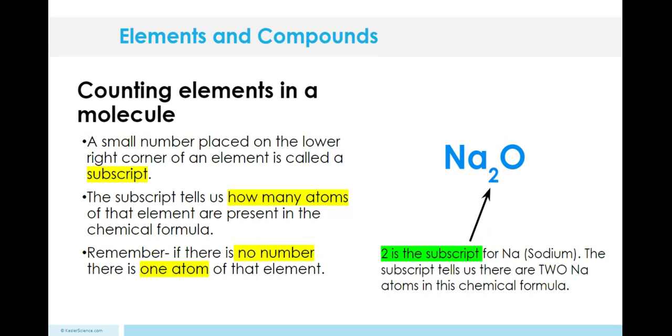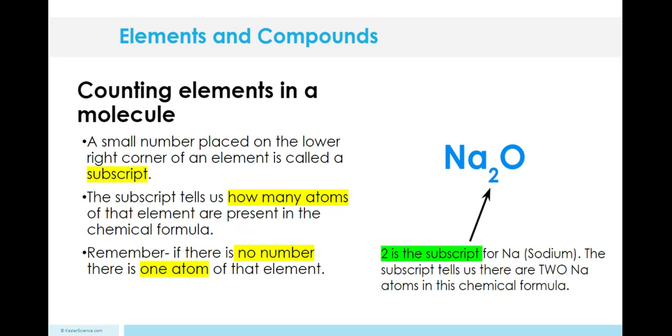And then we have subscripts. A small number placed on the lower right corner of an element is called a subscript. Sub meaning under. That's why the number is smaller and down in the bottom corner. The subscript tells us how many atoms of that element are present in the chemical formula. And remember, if there is no number, there is only one atom of that element.